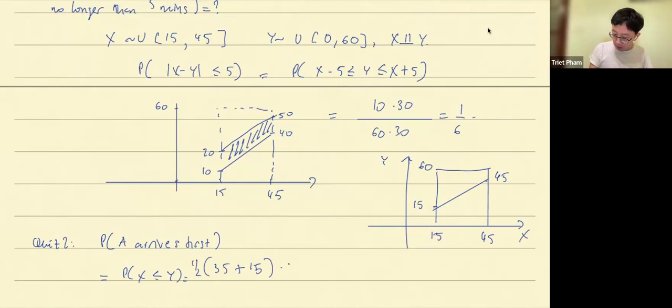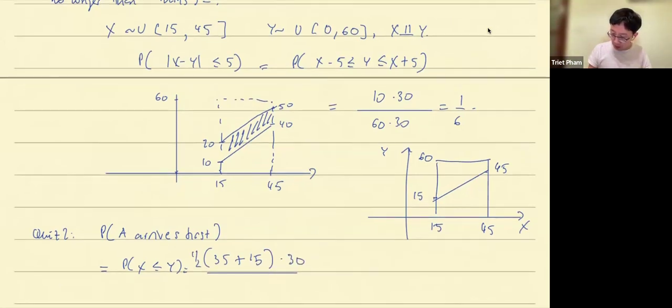The height is 30. Then you divide by the area of the rectangle, which is 60 times 30.